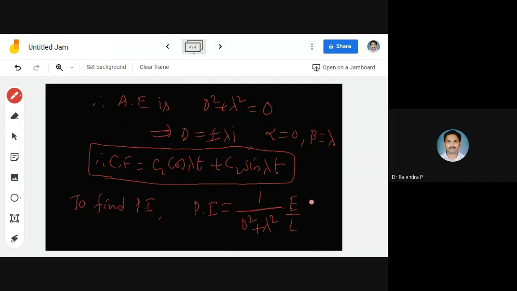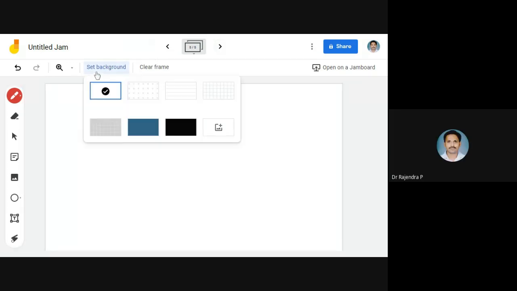When we have a constant, how are we going to evaluate it? Yes, please. You know that. E power 0 t. Very nice. Thank you. E power 0 t, because t is the independent variable here. Good. Now, in place of d, if I substitute 0, what am I going to get here? 1 by lambda square, right? Yes or no?